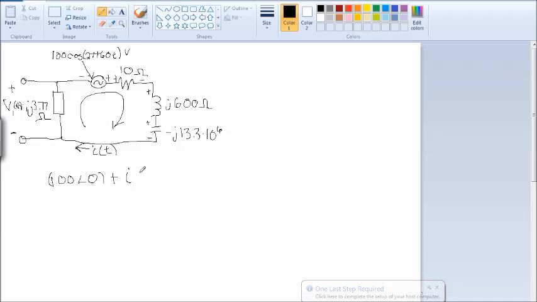So current I, which for simplification I'm not going to put the I of t in here, times our resistance. So let's make sure we're doing this right. We called this a positive voltage here, leaving the positive. So remember, this resistor, the signs are the opposite direction as this voltage source, so we need to call that one a negative.